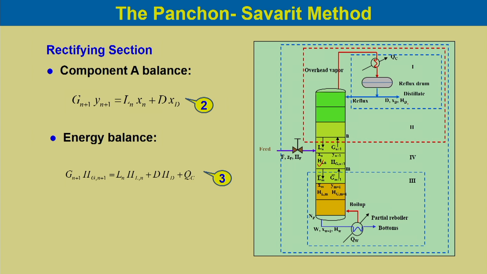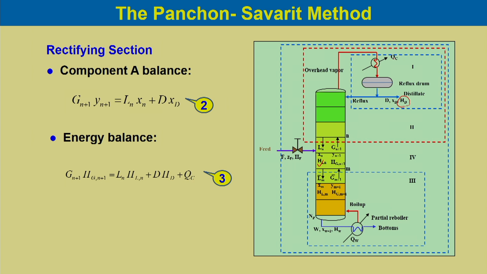Similarly, the distillate which is taken out has a composition of Xd mole fractions, and the enthalpy of the distillate is Hd. So, we can write the energy balance equation: G n plus 1 into Hg n plus 1 would be equal to Ln HLn plus D Hd plus Qc.